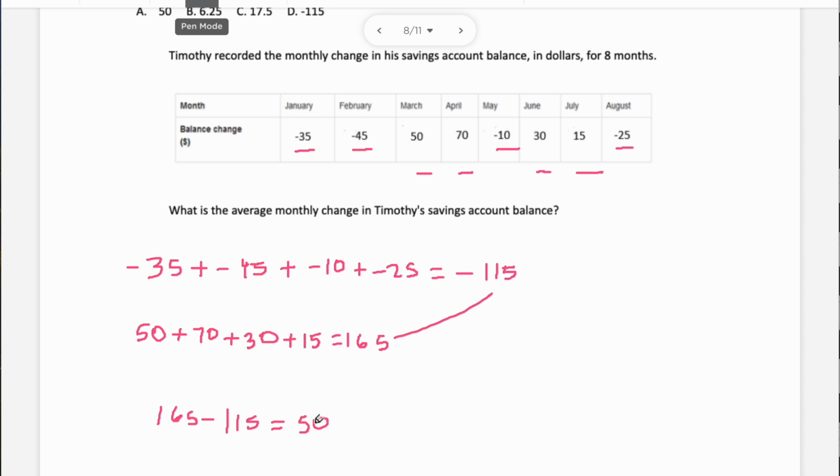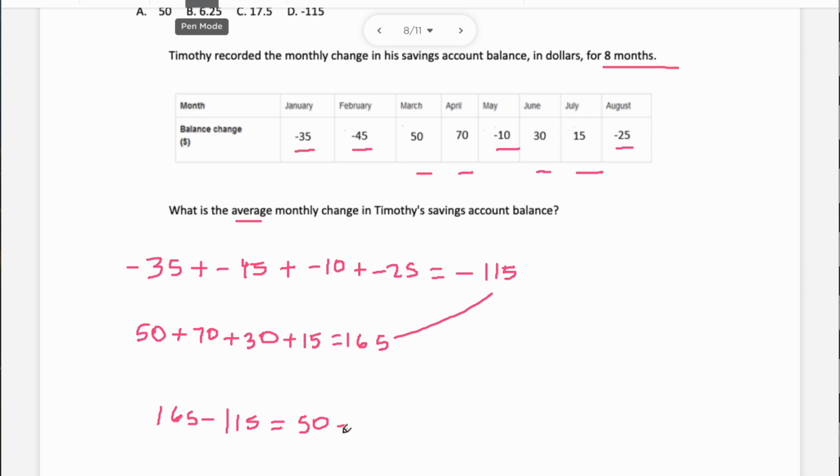Yes, 50. And then you don't stop there because we found the difference here, but we need to divide it by how many months there are. That's how you find an average. So 1 month, 2, 3, 4, 5, 6, 7, 8. Oh, they told us up there, 8 months.